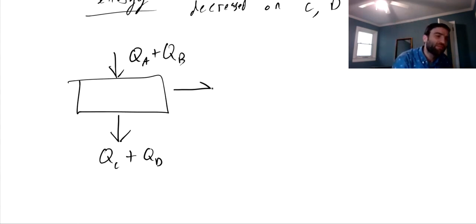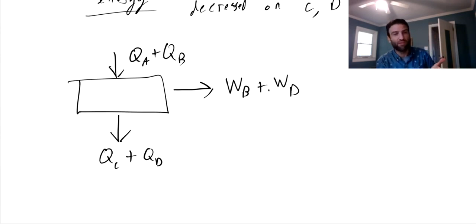And during that whole cycle, it did a total amount of work, which I'll write as the work that it did on segment B less the amount of work that it did negatively on segment D. And since WD is a negative number, WB plus WD is somewhat less than WB on its own. Okay? And that is the definition of an engine.